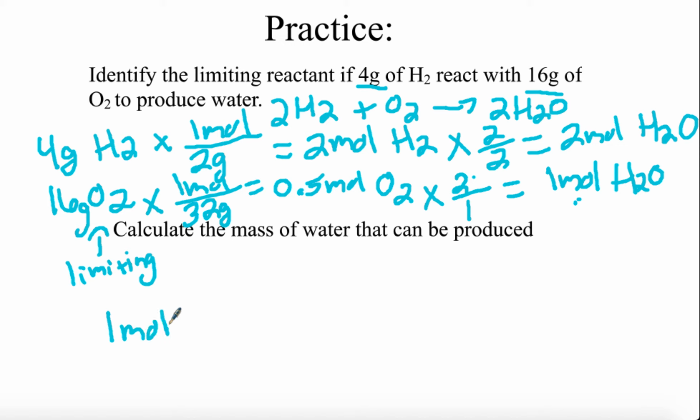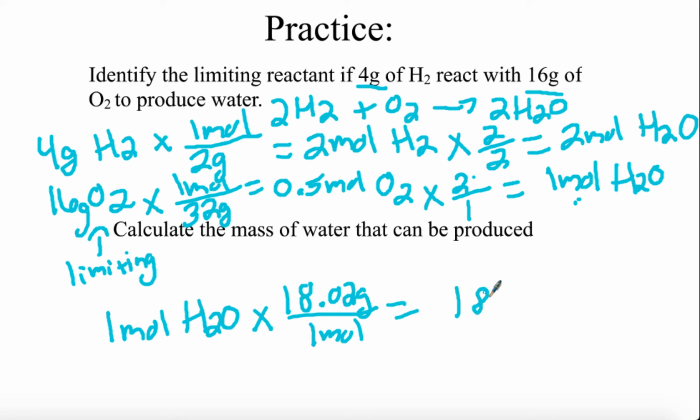So my product quantity is solely dependent on the limiting reactant. So since I can only make 1 mole of water, the mass of water I can make is only based off that 1 mole. So just taking this times the molar mass of water, I can make 18.02 grams of water, and that's it. Once I make these 18 grams of water, I run out of oxygen, my reaction's done.